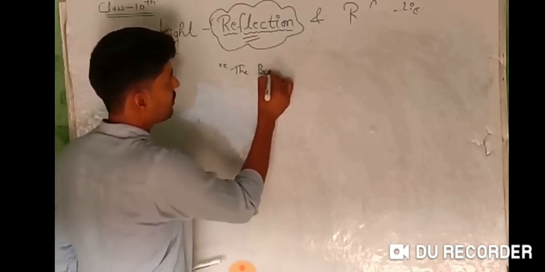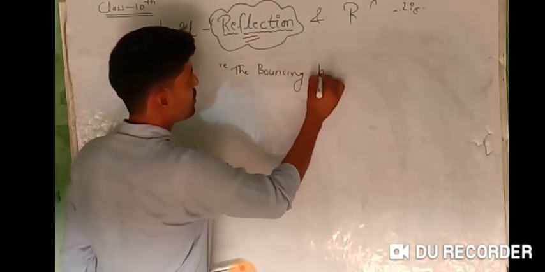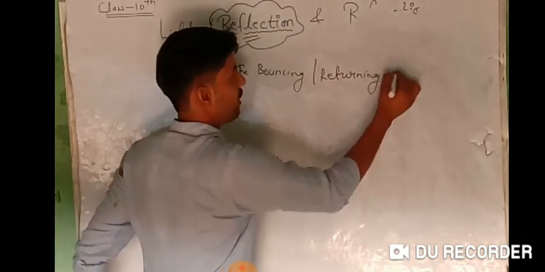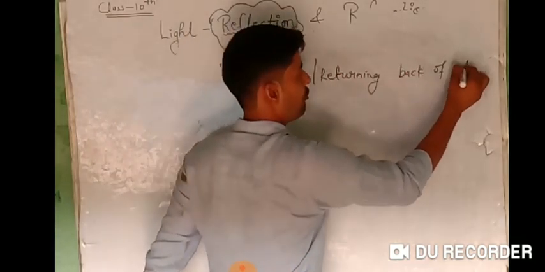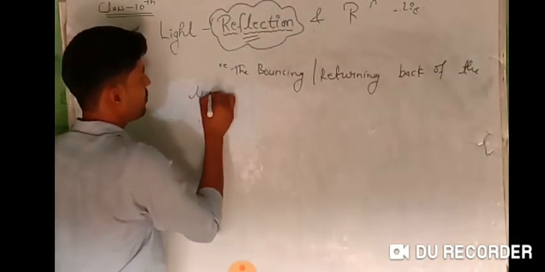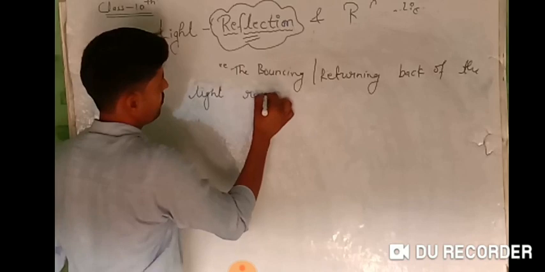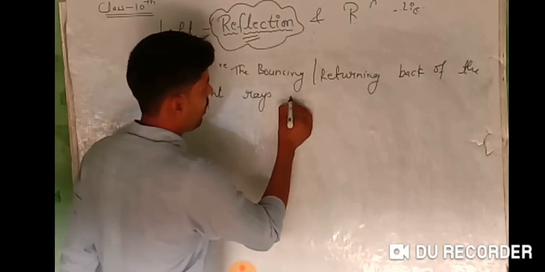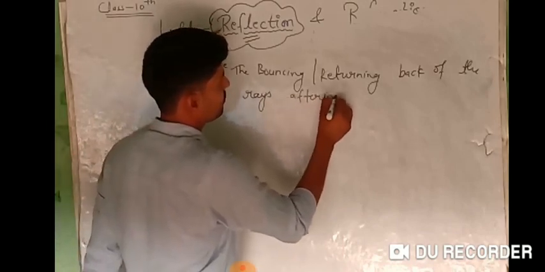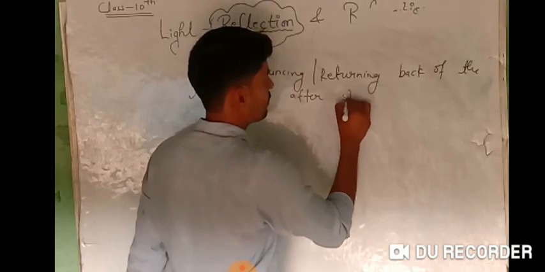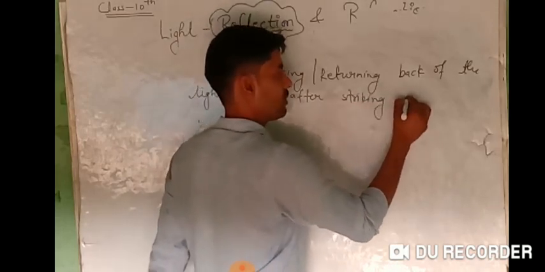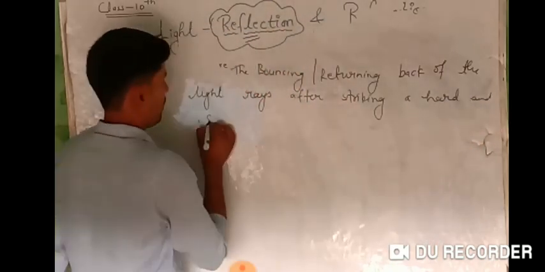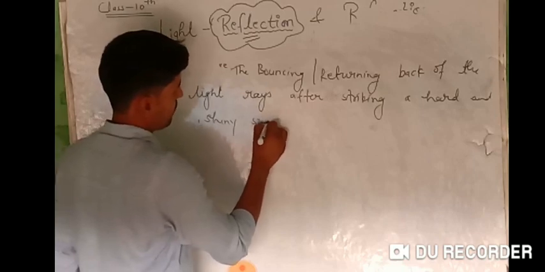The bouncing or returning back of light rays after striking a hard and shiny surface.